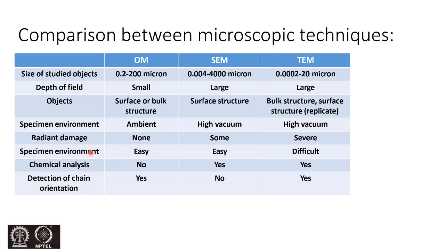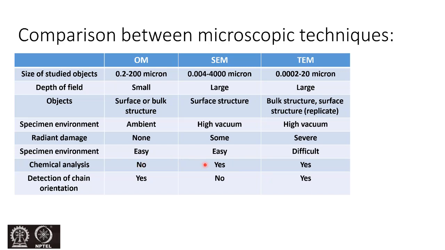Then specimen preparation: in the SEM and optical microscopy it is easy, but in the TEM we have to have very good sample preparation, so that is a difficult part.